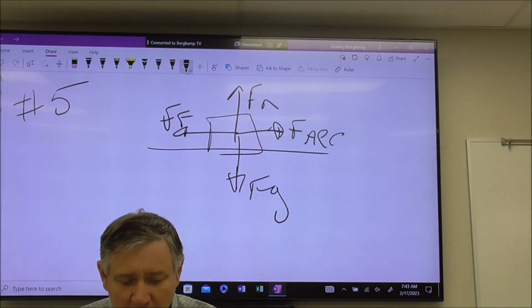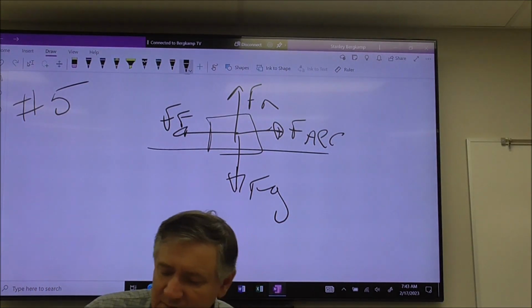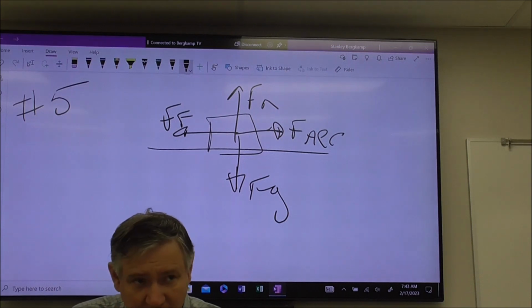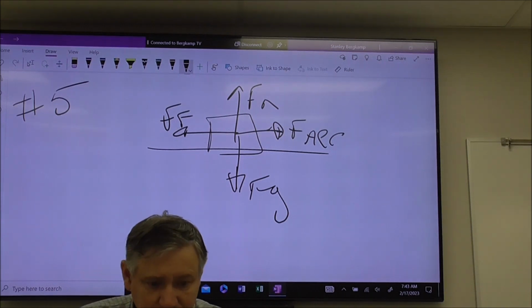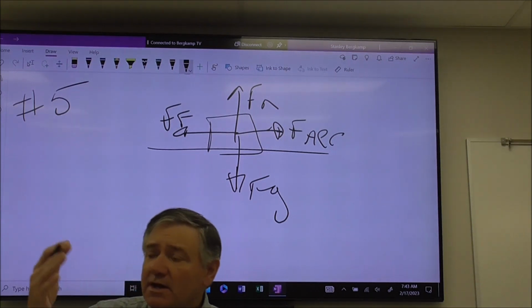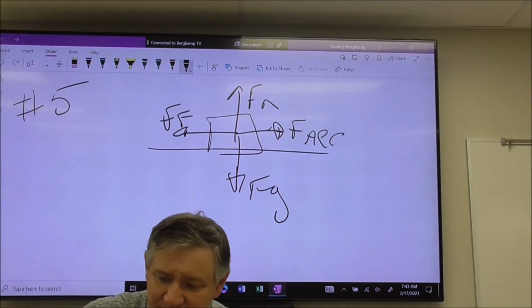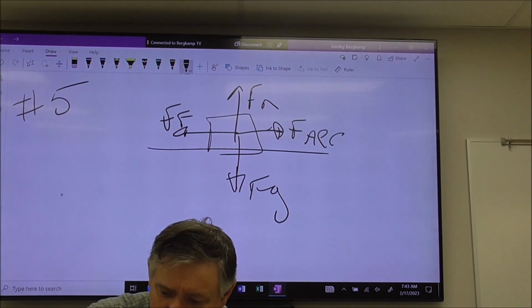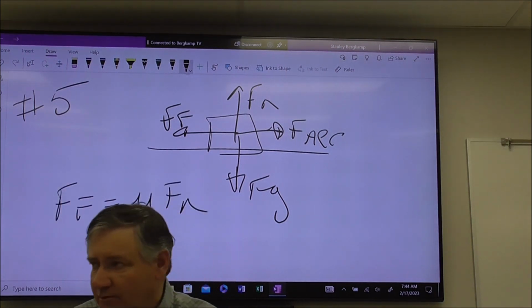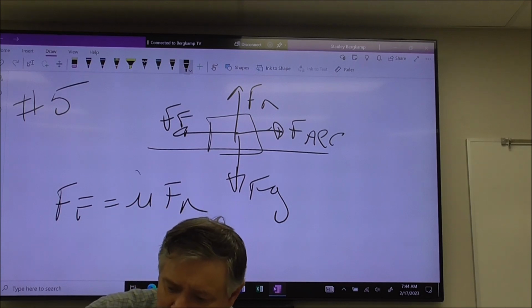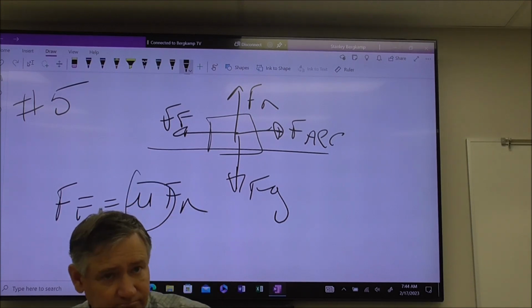That's it. Now, in the information I've given you on 5a, you're told there's this coefficient of friction. How much force has to be applied? You know that force of friction equals mu times normal force. I gave you the value of mu, 0.38.